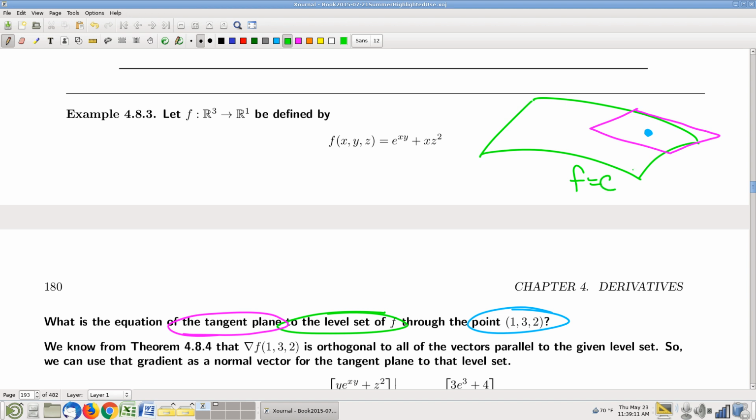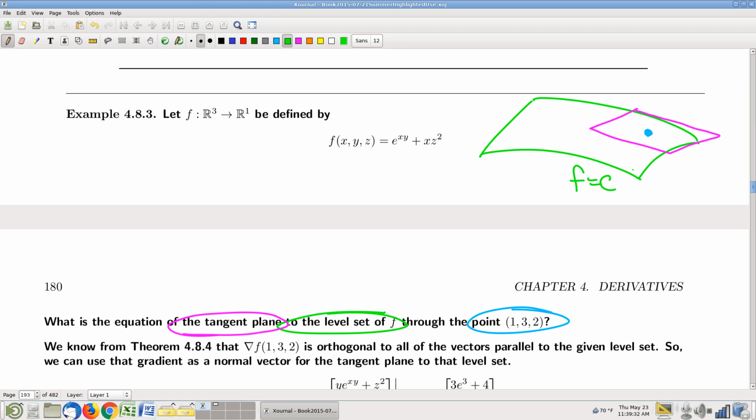And let's think about this tangent plane. What do you need to describe a tangent plane? You want the equation of a tangent plane? Well, you need a point in the plane. Cool, we're good. We already have a point in the plane. 1, 3, 2 is in the plane. But most importantly, what you need to describe the equation of a plane is a normal vector.